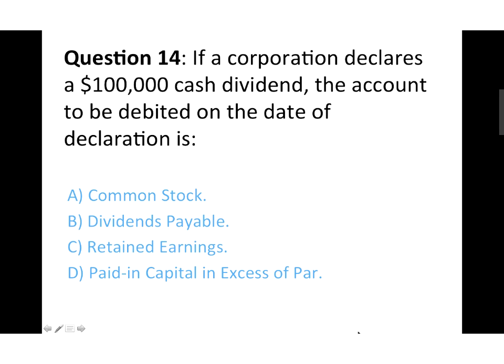Remember, a dividend, when we declare it, is when it becomes a legal obligation, when a liability is created. But we're looking for the debit, because the journal entry has a debit and a credit. Right now I'm seeing a lot of people choosing the credit side of this. So go back and look at the journal entry for declaring a dividend.